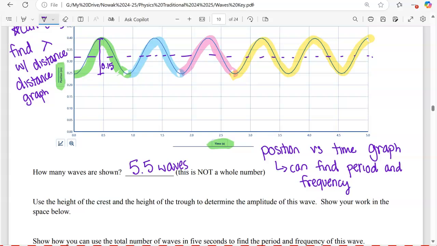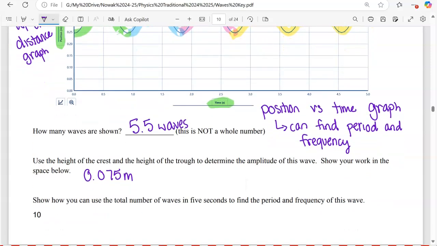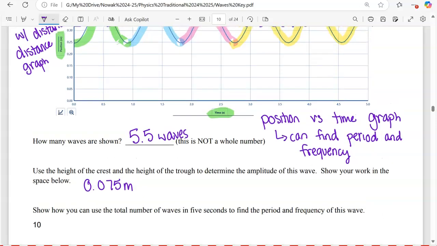And half of that distance from max to min is also what tells me my amplitude, 0.075. And we're going to throw our units of meters on there. If you have a position time and position graph for the same wave, the amplitude on both graphs should be the same. Here we only have that position time graph though, so we can extract that information.